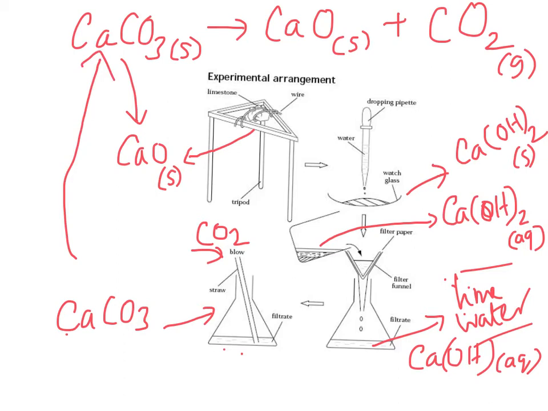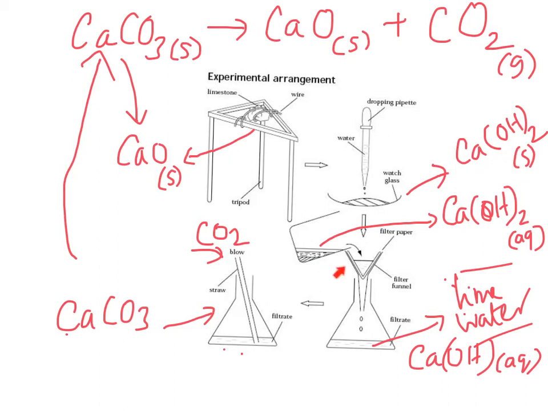Let me go through this again. First you heat the calcium carbonate here, and that becomes calcium oxide. When you add a small amount of water, it becomes a slurry-like paste, which is still a solid, and it is calcium hydroxide solid.